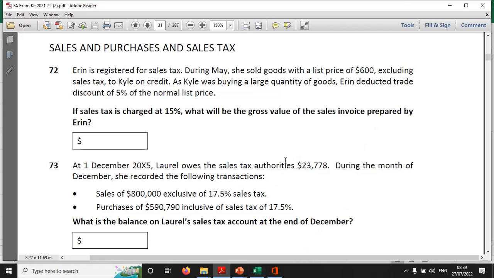Is there a question? That's a good question. We started from the exclusive, so we're going to the gross. We have to calculate the gross, isn't it? I think it makes sense that if we start from the exclusive, we go to the gross.